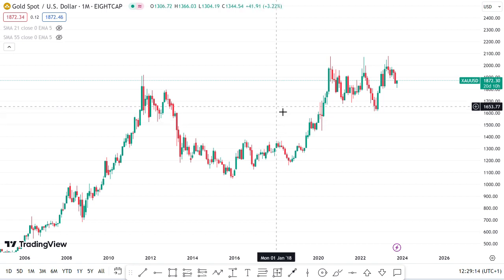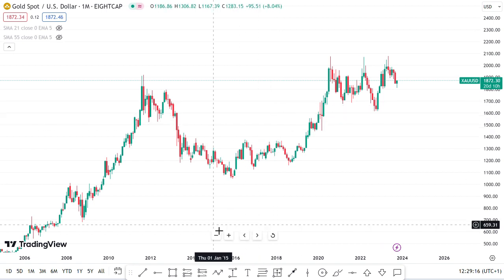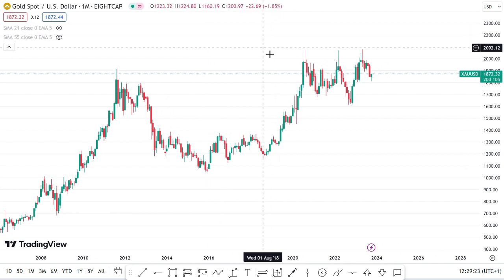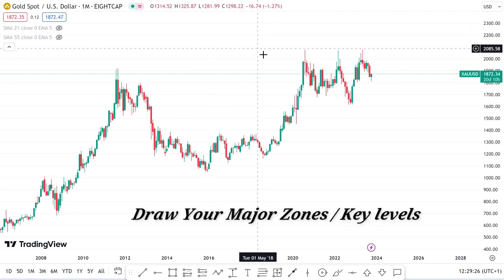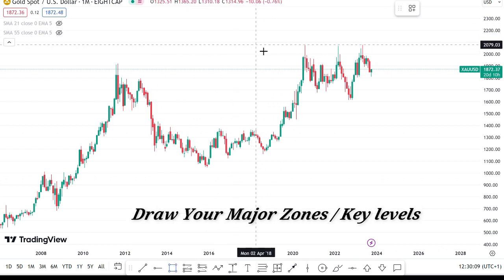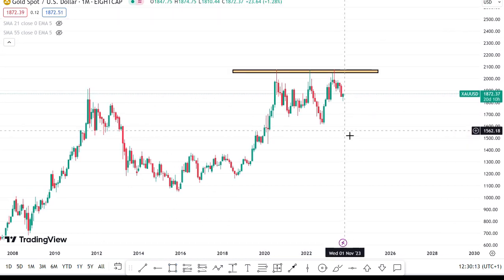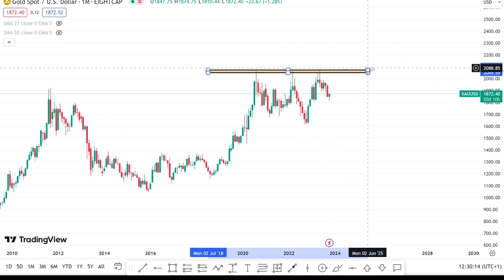Here we are going to mark out our zones. Our zones now are the support and resistance areas, but I will not be calling them support and resistance. I'll be calling them zones. I'll be using the rectangle to mark out my zones. So we have this, as you can see, this is a zone, this is a resistance.